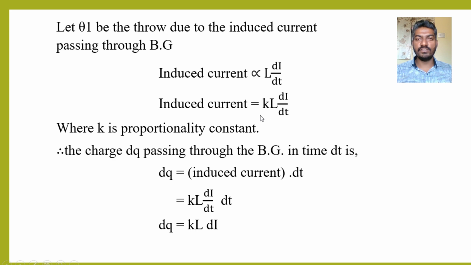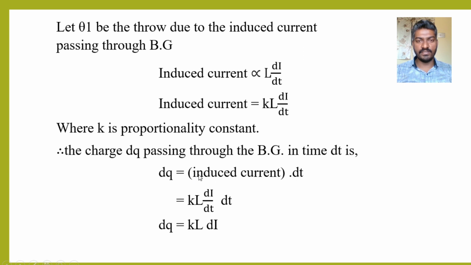Let us take that constant as K. So induced current is equal to KL di by dt. Therefore, the charge dq passing through the ballistic galvanometer in time dt can be written as dq is equal to induced current into dt. This is from the standard definition.